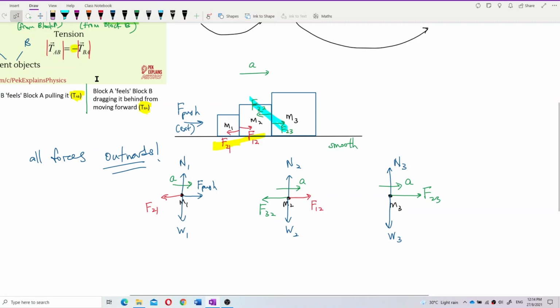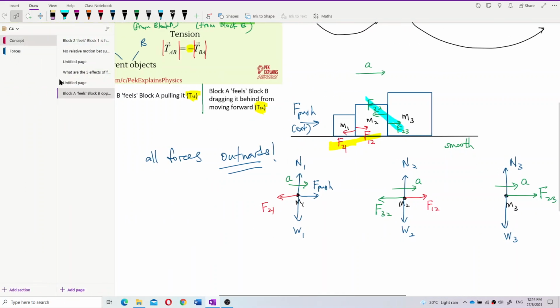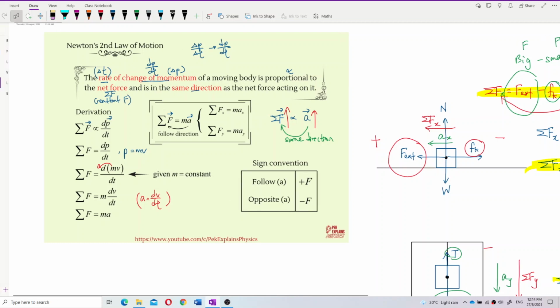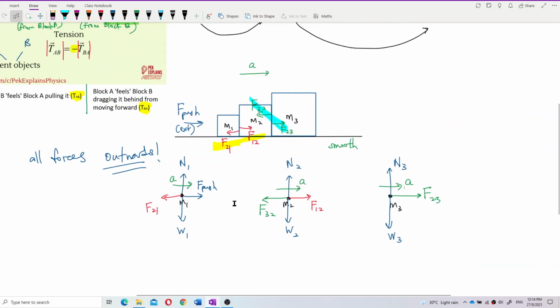Again, follow the sign convention for Newton's second law: force in the direction of acceleration is positive, force opposite to acceleration is negative. Look, acceleration is to the right, so force to the right is positive, and force to the left is negative, because it is opposite the acceleration.